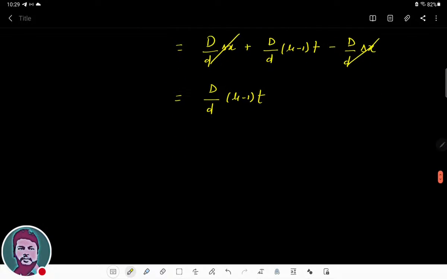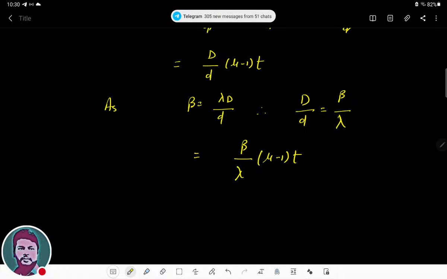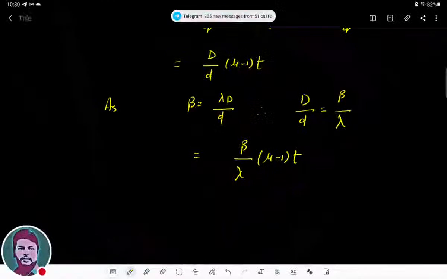All right, so as we know that beta is equal to lambda d over d, that is why d over d is equal to beta upon lambda. So we can write it here: beta over lambda mu minus 1 t. All right, so this is the fringe shift.